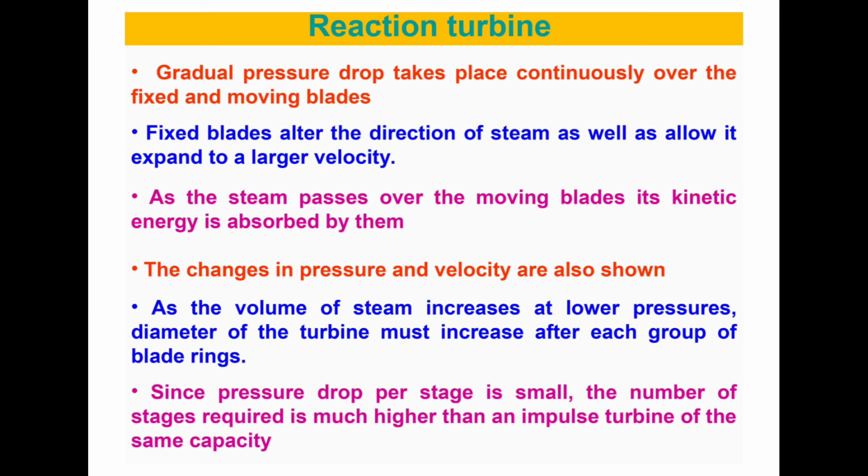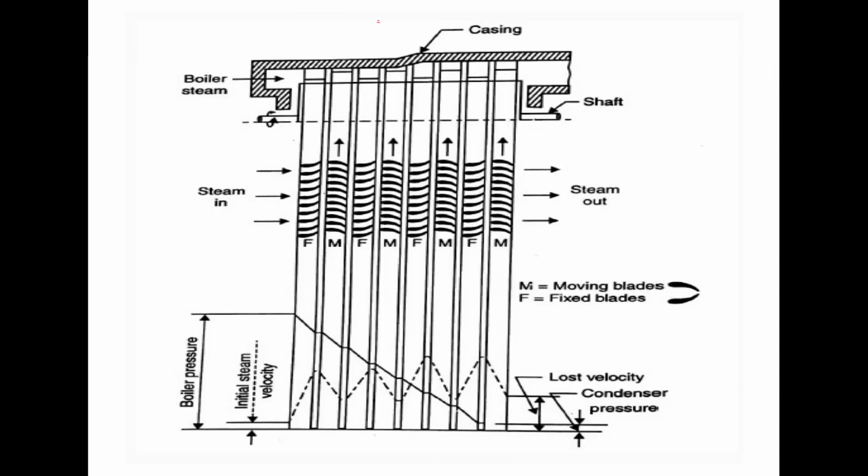The changes in pressure and velocity are also shown. As the volume of steam increases at lower pressures, the diameter of the turbine must increase after each group of blade rings. Since the pressure drop per stage is small, the number of stages required is much higher than an impulse turbine of the same capacity.